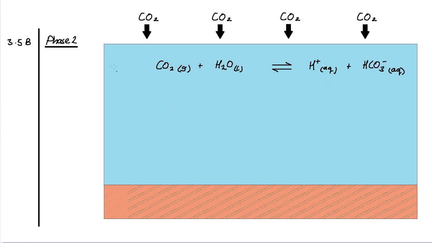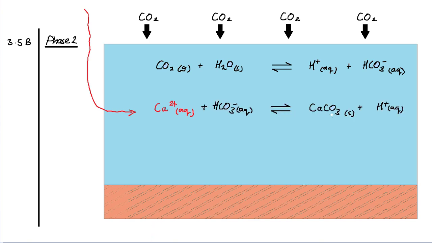So what happens next is we remember that from this process of erosion, a whole load of calcium ions are deposited into the ocean, and these calcium ions are then going to combine with this bicarbonate ion to form calcium carbonate and a hydrogen ion. And this is also, notice, a reversible reaction. Okay, so it can go in both the forward direction or in the backward direction depending on the conditions.